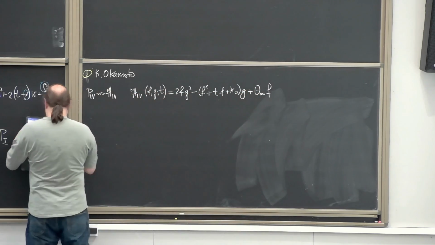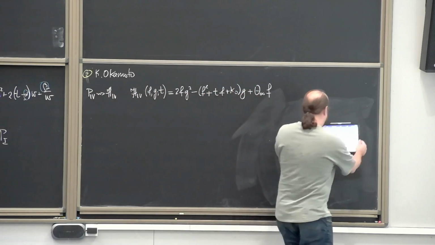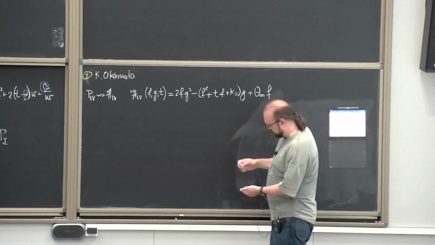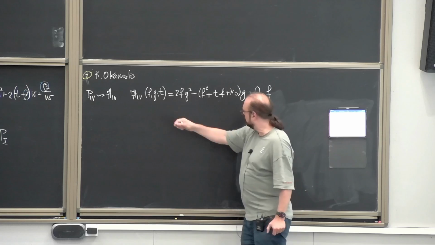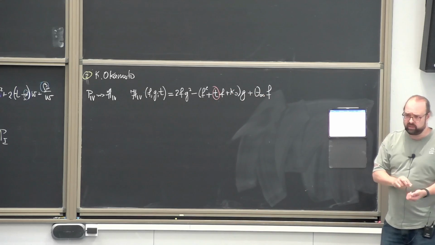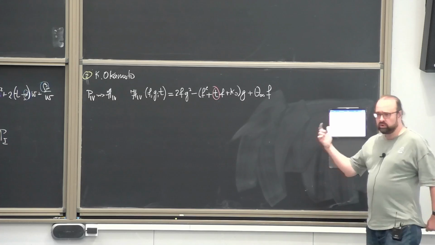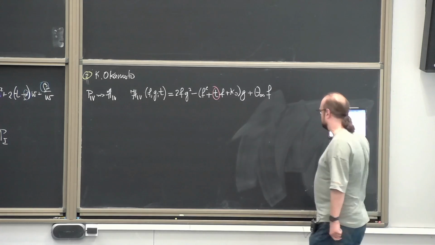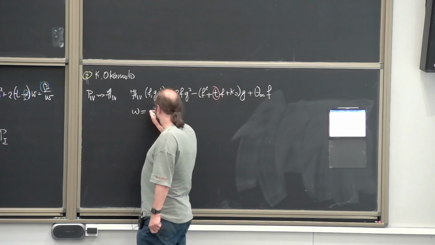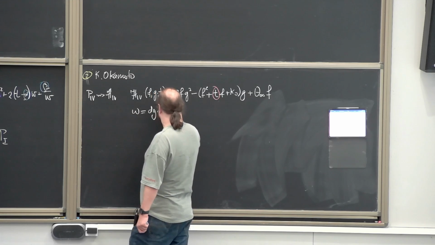Now, notice that even though I call this function a Hamiltonian, it is something known as a time-dependent Hamiltonian function, so it is not a constant of motion.